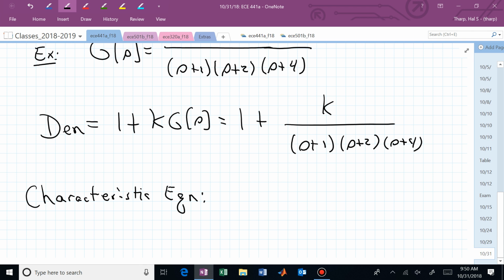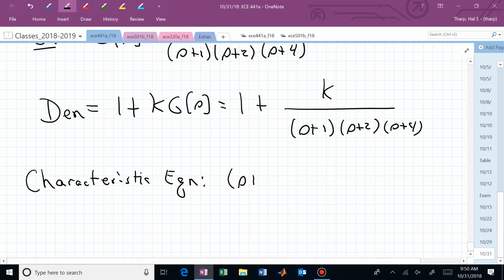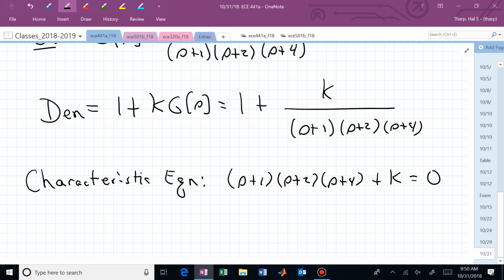This characteristic equation is now s plus 1, s plus 2, s plus 4, plus K equaling 0. Now we can put that into our Routh array and find the K that causes the S1 row to vanish, giving us symmetry with respect to the origin, and then use that K value in the S2 row to calculate the actual crossing value.